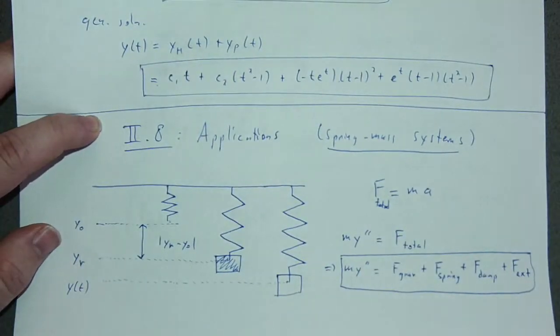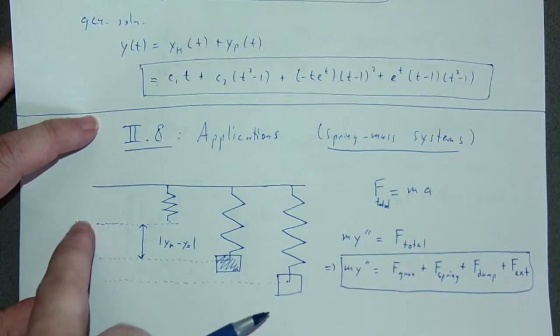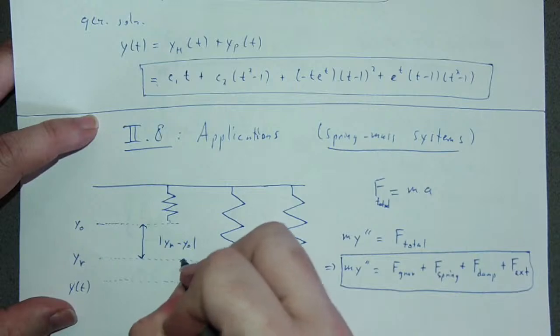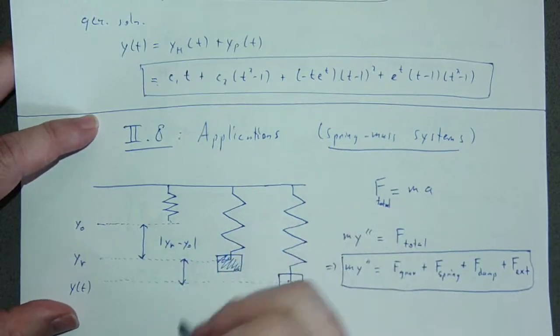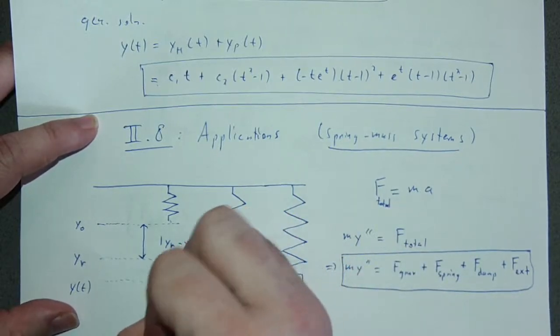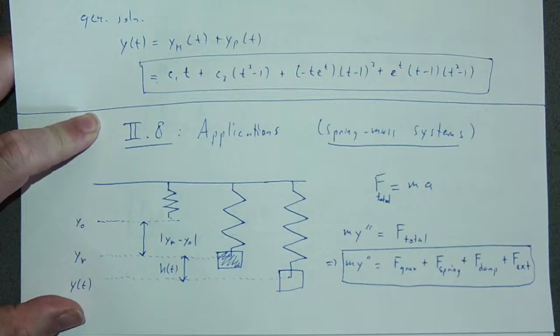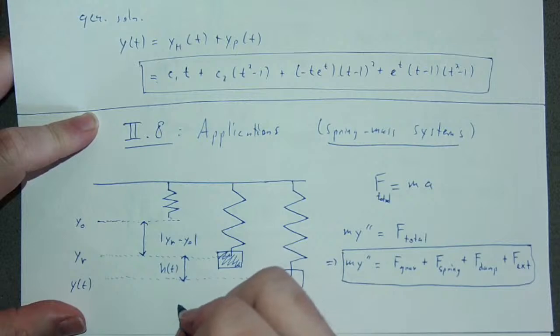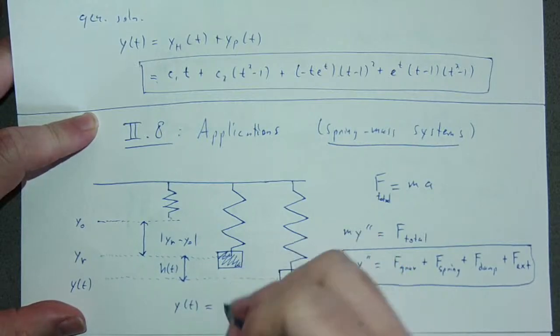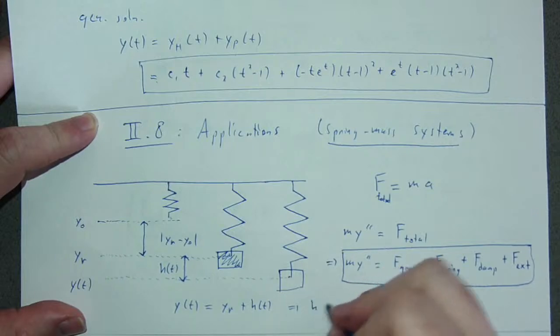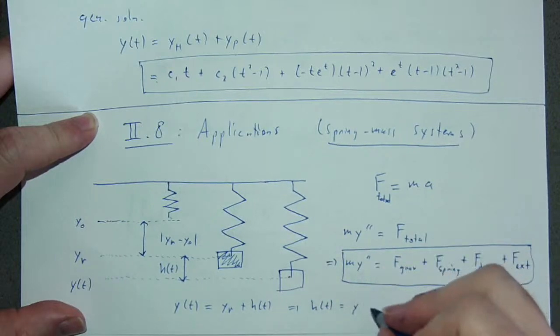Instead of the displacement from initial, I really only care about displacement once the weight is attached. That's the thing I call h of t. Really, I've just subtracted off y sub r. So y of t is y sub r plus h of t, so h of t is y minus y sub r.